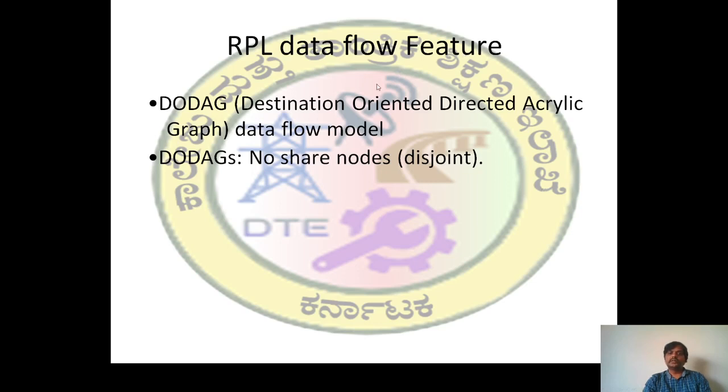RPL data flow feature DODAG, that is destination oriented directed acyclic graph. That is the data flow model, and here we have no shared nodes, that is disjoint.